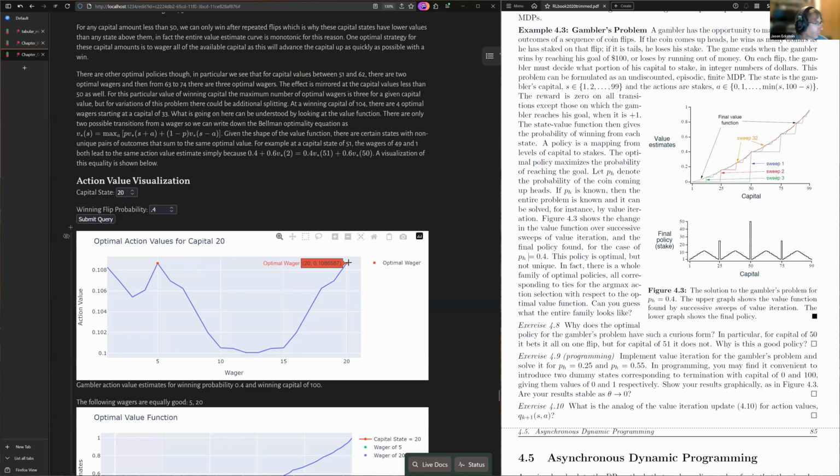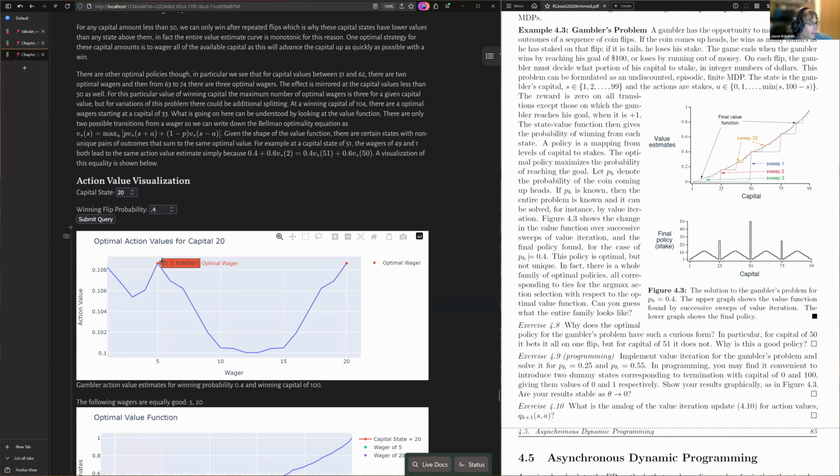When we're finding the optimal policy, we're looking at this action value function, which shows what happens depending on what action we take, and we pick the best actions. Here you can see by the shape of this curve how there are two of them that are equally good. One of them is 20 and one is 5, right? So one is betting all the capital we have, all $20.